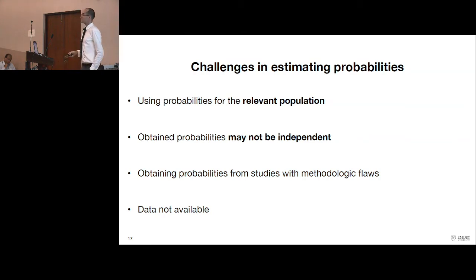Right, so the main challenge in getting probabilities is finding estimates for the right population. You can think of, so in our example, we were interested in vaccination against the flu in the elderly population. Maybe in the literature they would study the effectiveness of flu vaccine in the general population, or maybe in a population in one state, but you're interested in this analysis for a totally different state on the opposite side of the country.